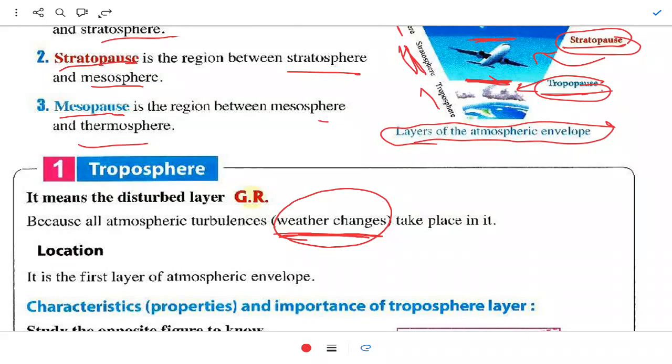And the location of it is the first layer of the atmospheric envelope. This is the atmosphere. It is the first layer of the atmospheric envelope.